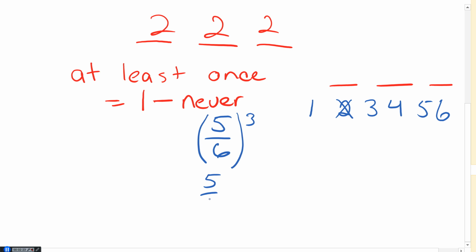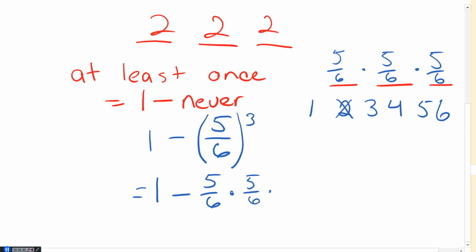It's the same thing as saying I have a 5/6 chance here, times a 5/6 chance here, times a 5/6 chance here. And I'm going to subtract that from 1, because this is the case if a 2 never comes up.